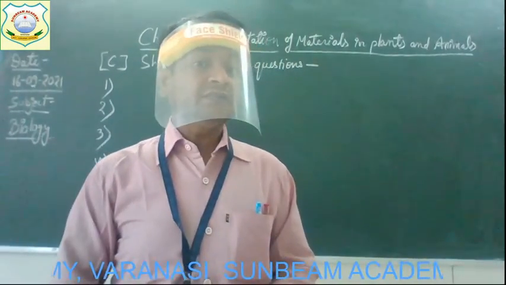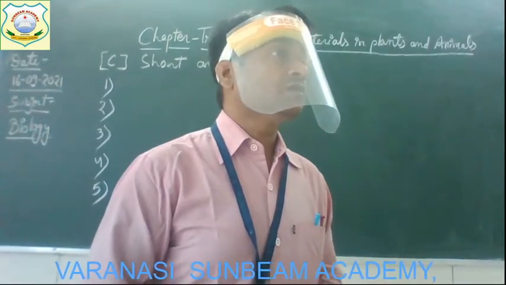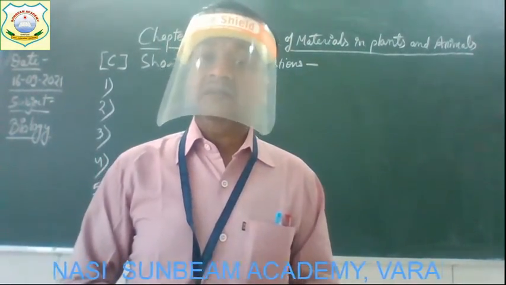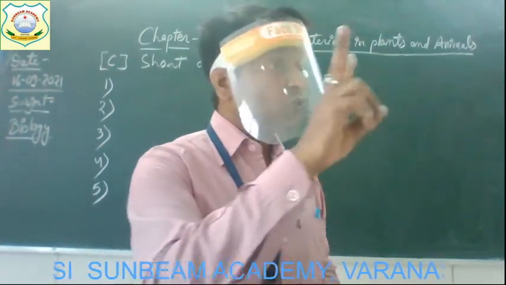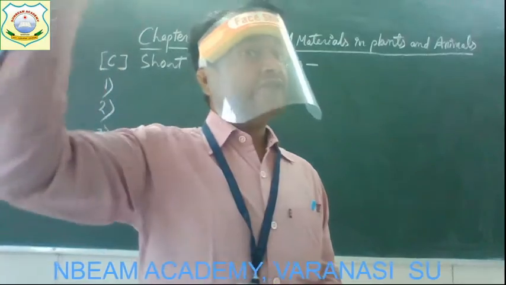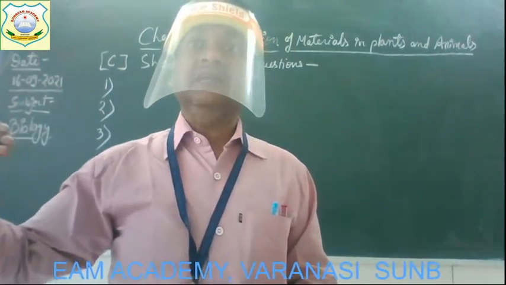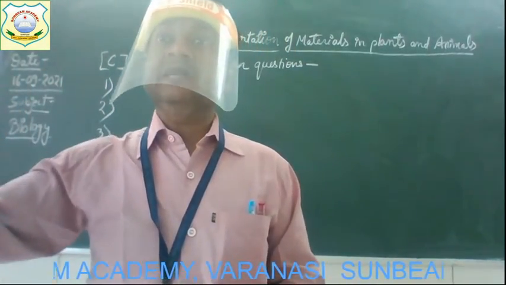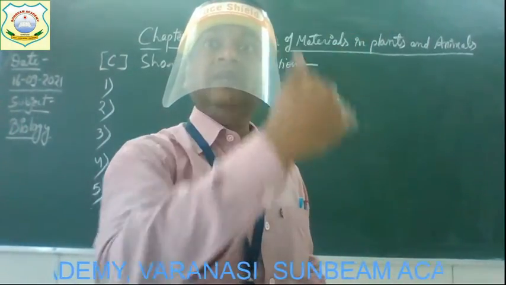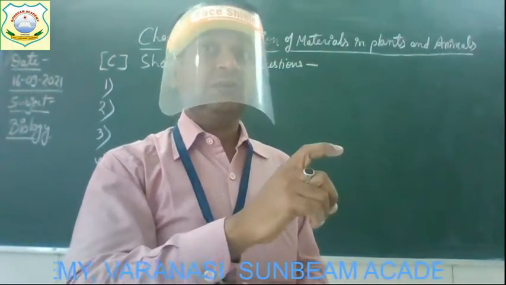And what is it? It is valves. Valves are present inside the heart between two chambers: between the left auricle and left ventricle, a valve is present, and between the right auricle and right ventricle, a valve is also present.